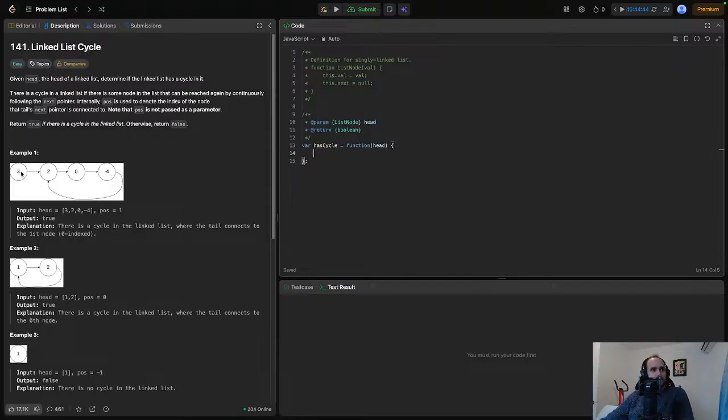But I'm trying to think, for this example, if we had one that goes one and one that goes two, it goes one, and then it goes two.